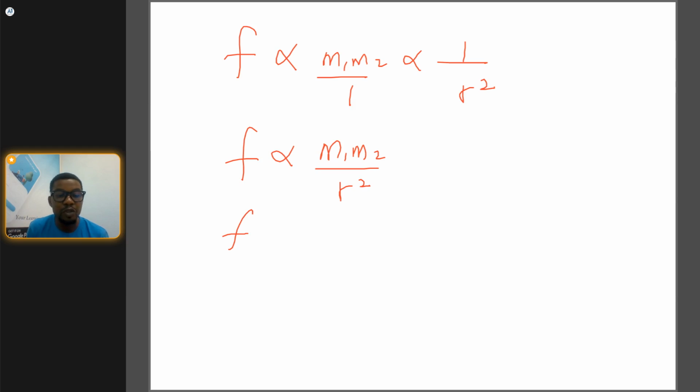Now, if I'm to introduce the constants, because Isaac Newton later introduced a constant, which was the value for the Earth's gravitational force. He introduced that constant. So if F equals, now we have changed from varies to equals, we need to introduce a constant. When we take away the sign of variation here, we have to introduce a constant.